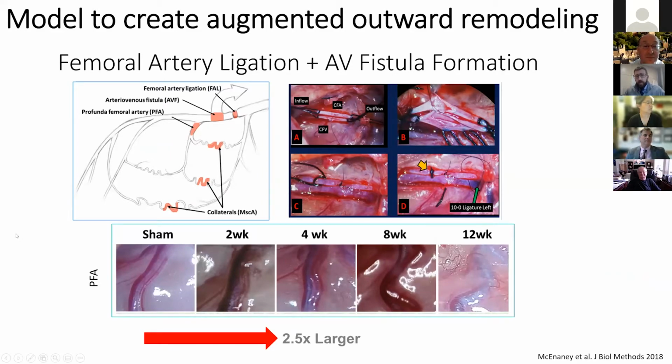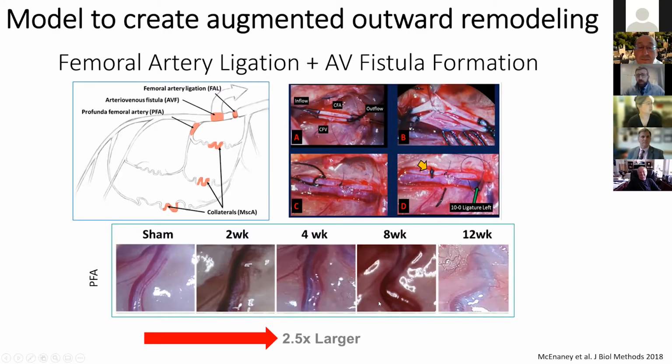So with this baseline structure in mind, we used a model that we sort of modified in a rat to really augment pressure for outward remodeling of these collateral networks. Namely, we did a standard femoral artery ligation, but we constructed an arteriovenous fistula distal to it, such that the flow across these territories was really dramatically augmented.